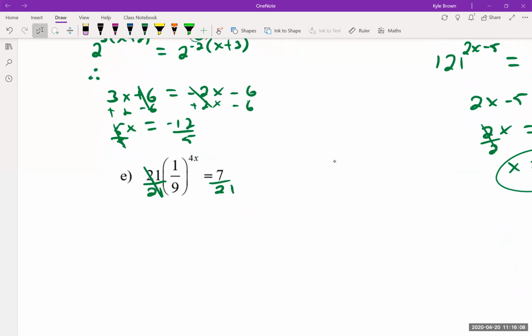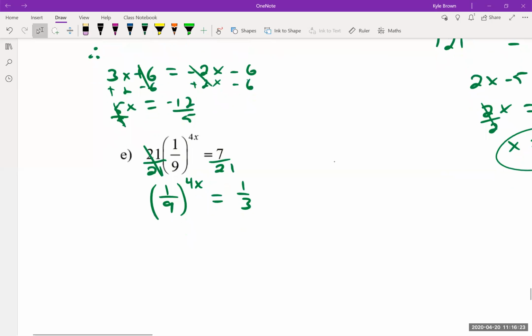So we're going to have 1 over 9 to the power of 4x is equal to, and then 7 over 21 is the same thing as 1 over 3. Okay, that looks nicer, right? Now, let's rewrite this a little bit differently again. I'm going to write this one as 3 to the power of negative 2 times 4x, and I'm going to write this one as 3 to the power of negative 1.